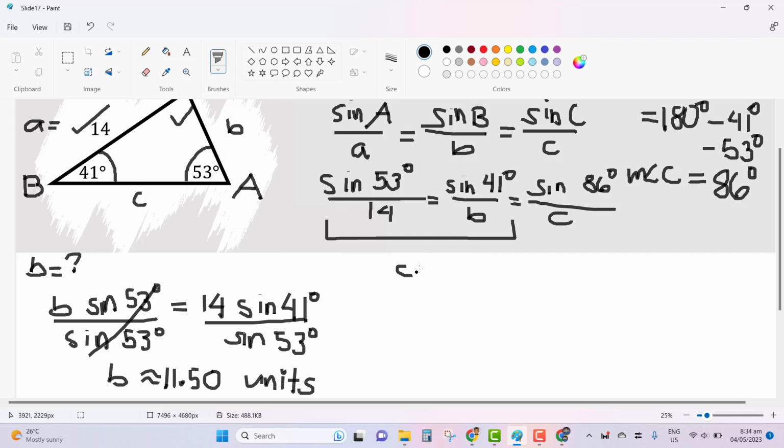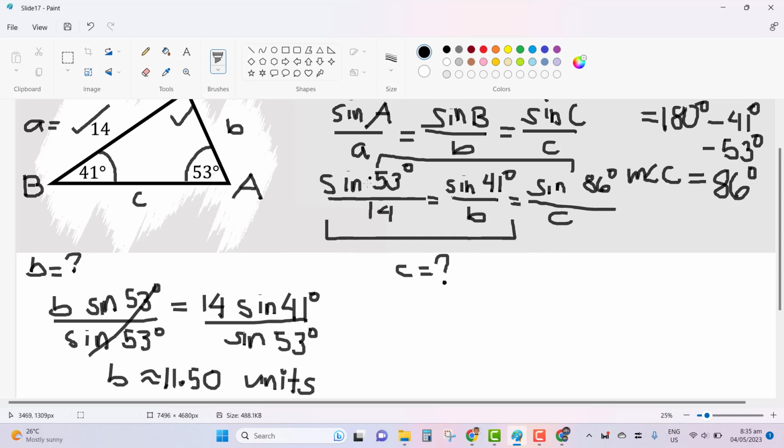Now, let's solve for C. You might think of pairing the second ratio to the last to get the value of C, because we already have the value for the measurement of side B. But since B is already a rounded off value, let us use the given exact measurements. So let's pair the first ratio to the last.